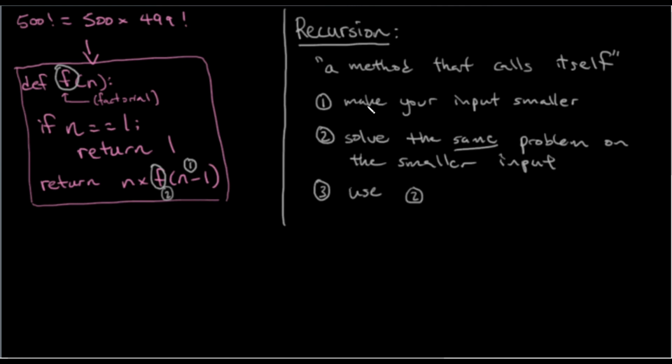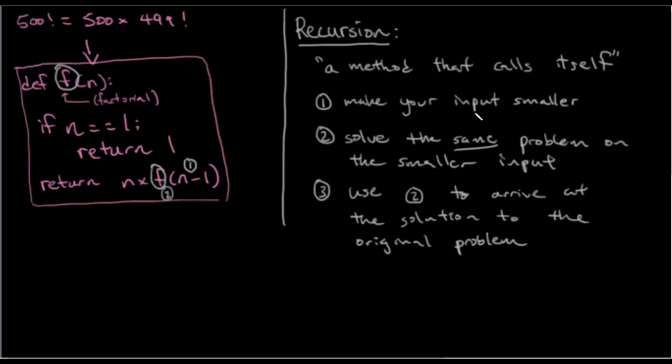In other words, use the solution to this same problem on the smaller input, use that solution to somehow arrive at the solution to the original problem. And for factorial here, that corresponded with taking the answer to factorial of n minus 1 and multiplying it by n.